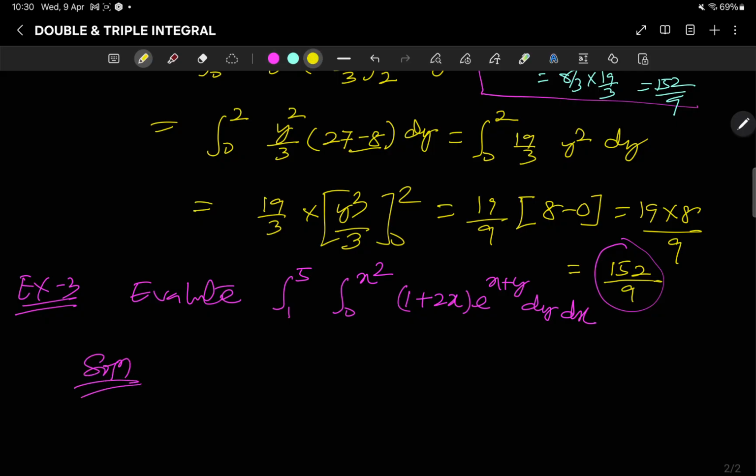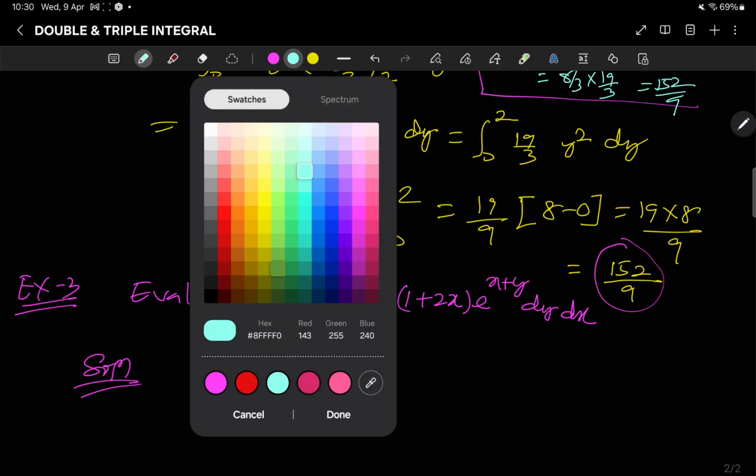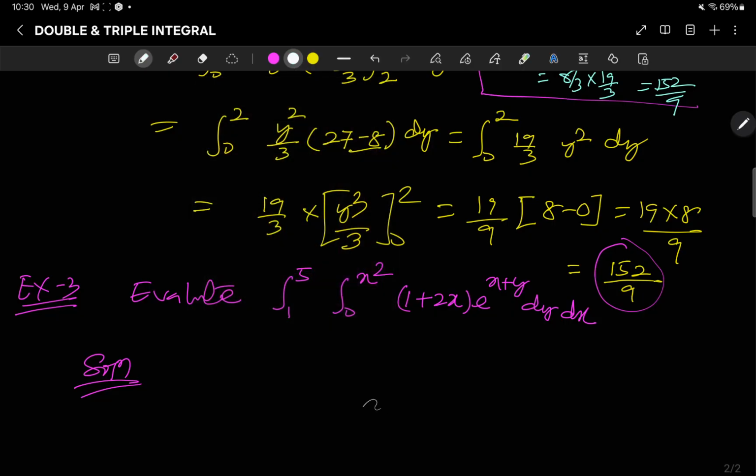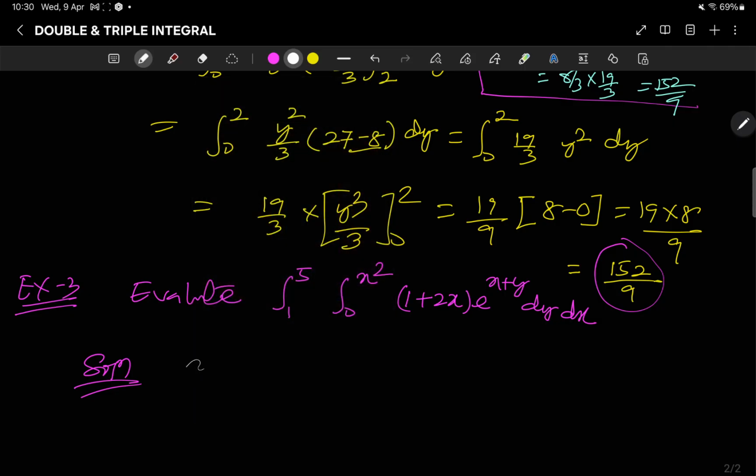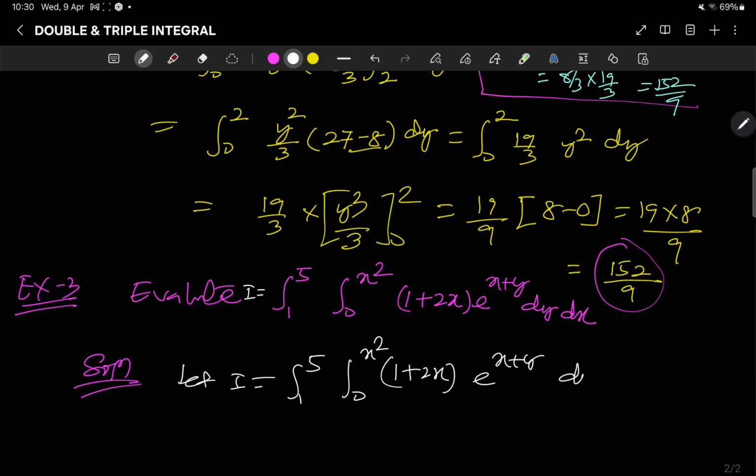If you evaluate it, let I be equal to integral 1 to 5 integral 0 to x square (1 plus 2x) e to the power x plus y dy dx. So first I evaluate with respect to y.